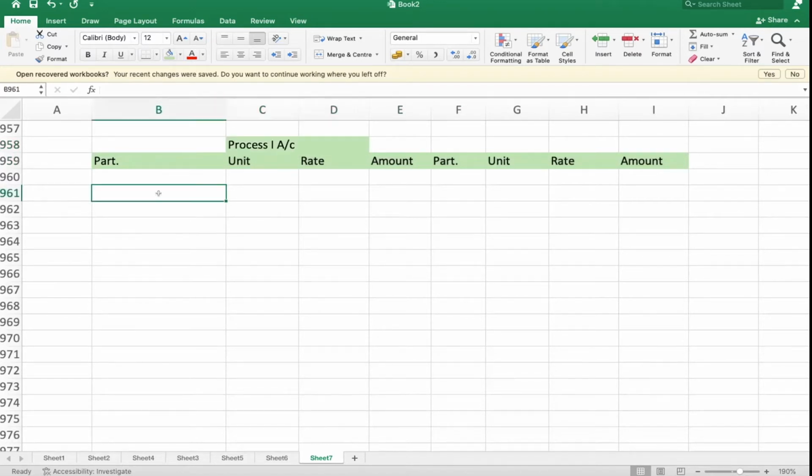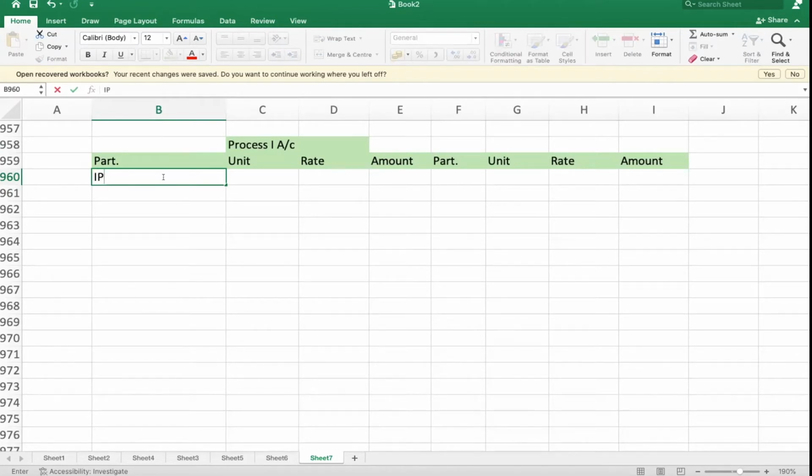Now, how much is the opening input given in this question? Sir, 7,000 units. Input quantity, am I right?